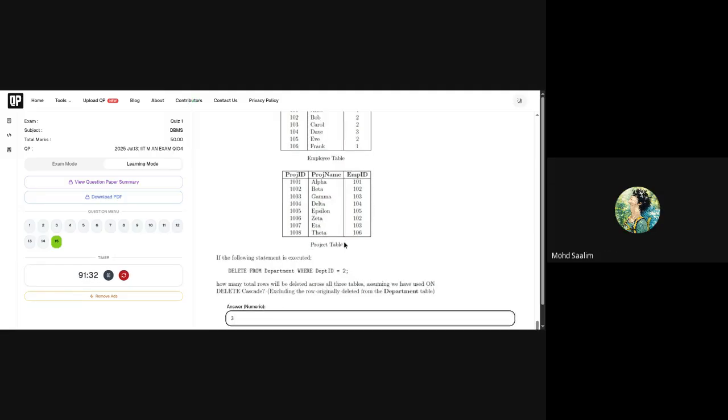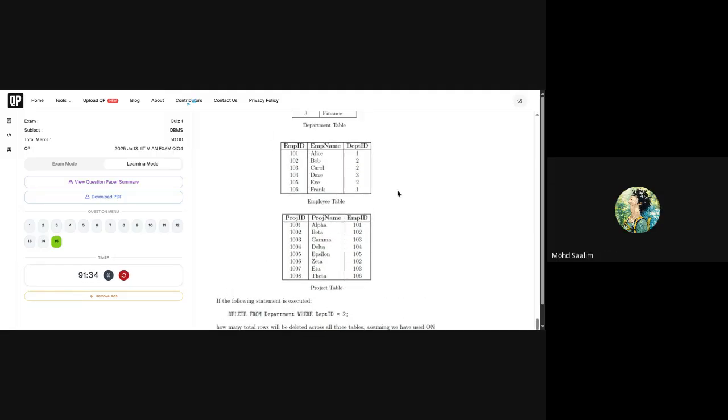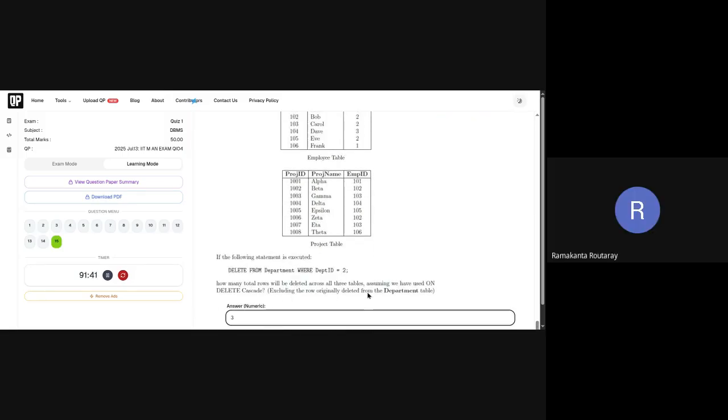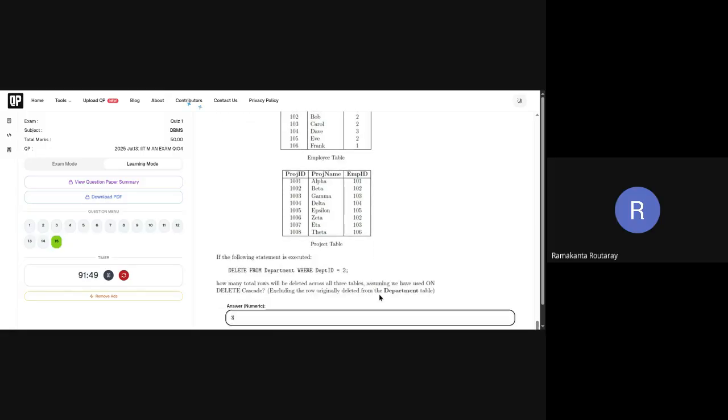They didn't mention if employee ID is also cascading. They are telling us where department ID is equal to 2, that we have 3 instances: Bob, Carol, and Eve. I'm saying that when this employee is deleted, you can see this employee ID is being used as a foreign key here.